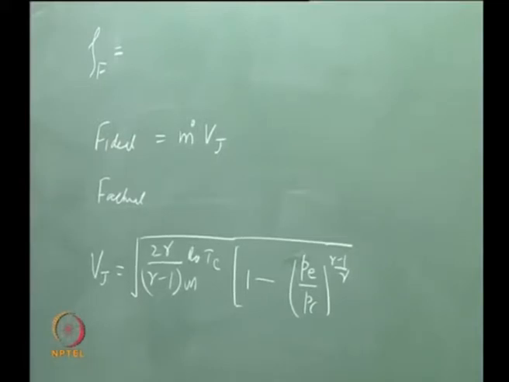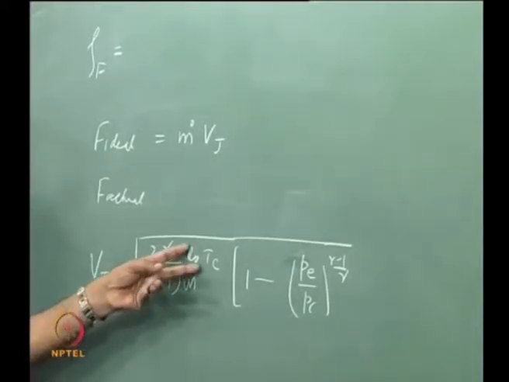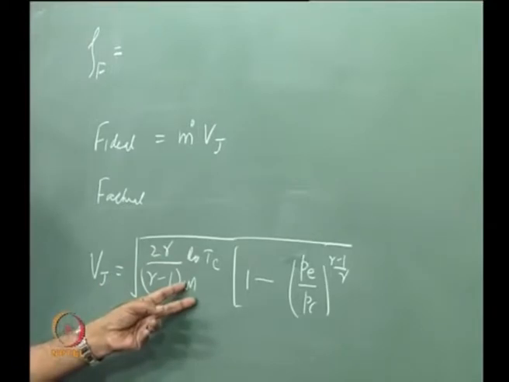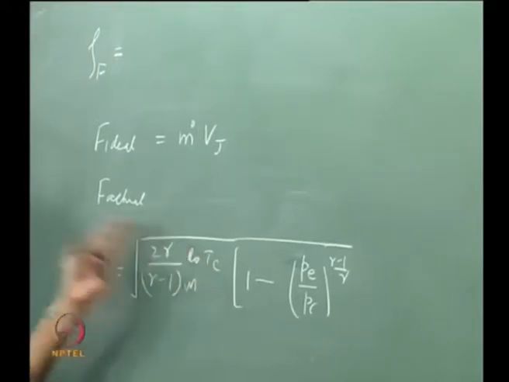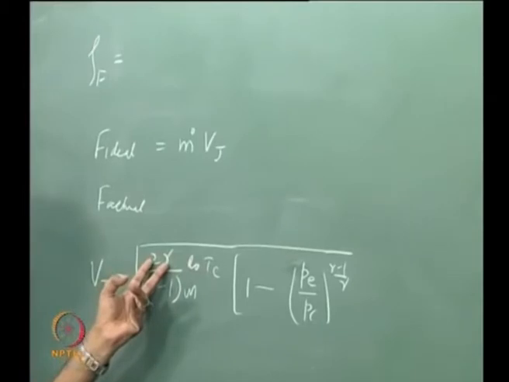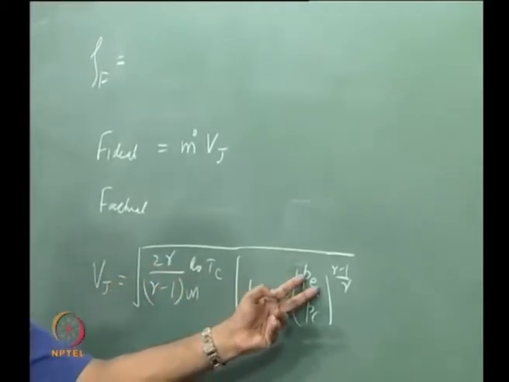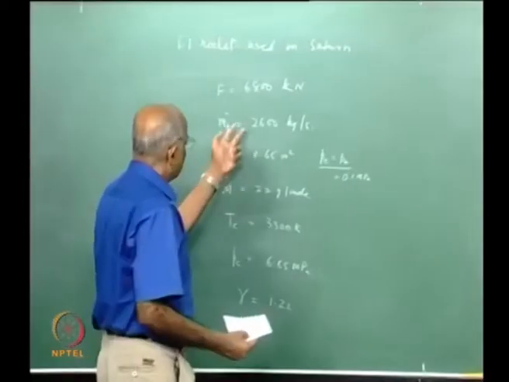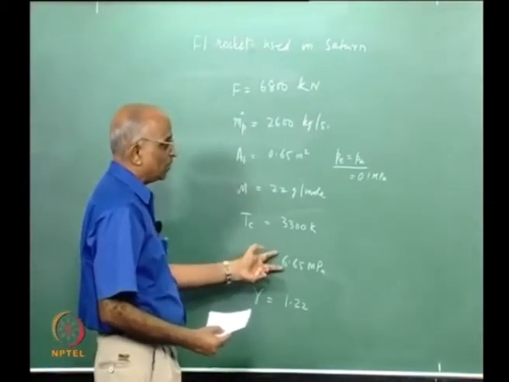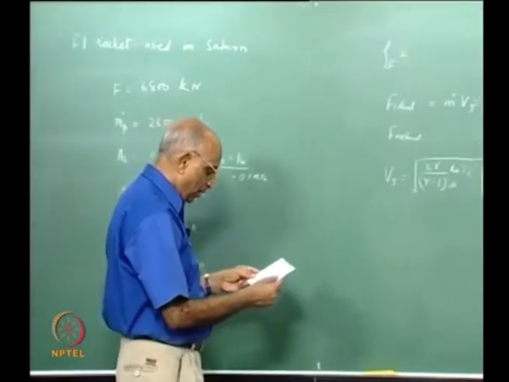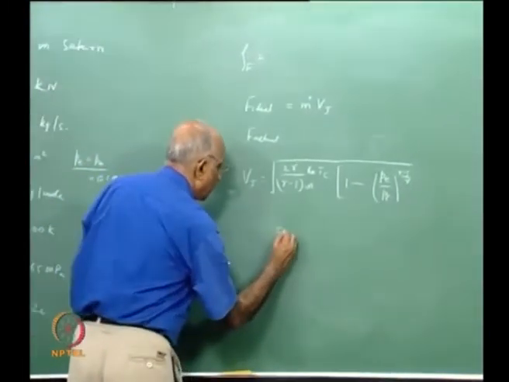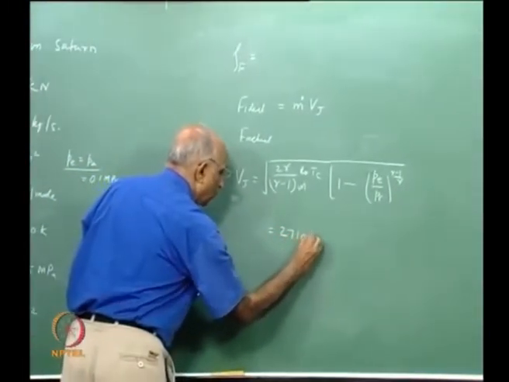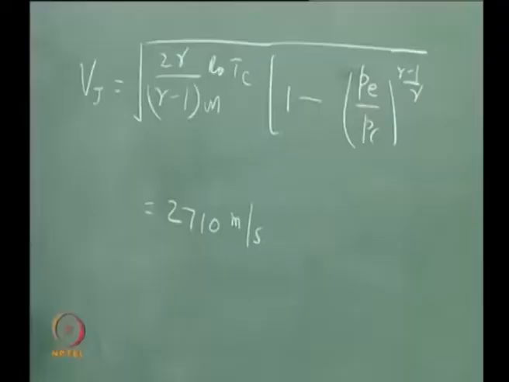Put in the numbers: R naught is 8.314, m is 0.022, temperature is 3300, gamma is 1.22, Pe is 0.1 MPa, Pc is 6.65 MPa. You substitute it and you get Vj equal to 2710 meters per second.